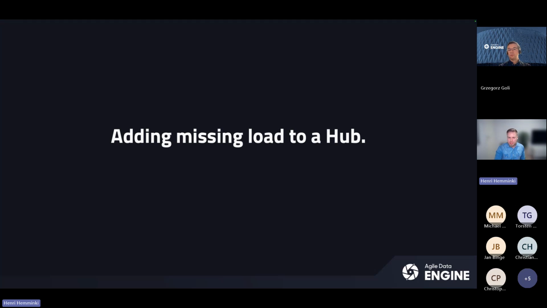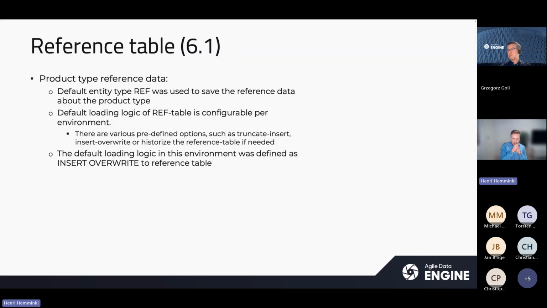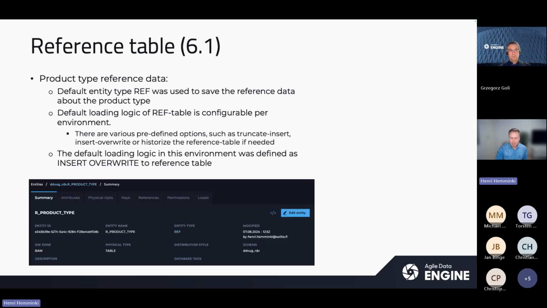But going back to the challenges, challenge number 6 was about the reference table. There were actually 2 different reference tables. For the product type, we just used a reference table with insert override logic. In ADE, we have this default entity type called ref for the reference tables.